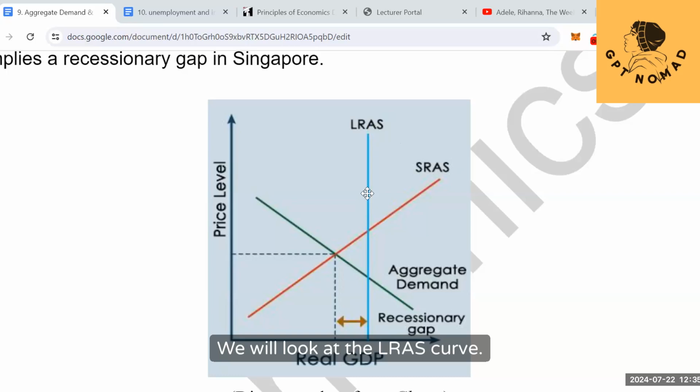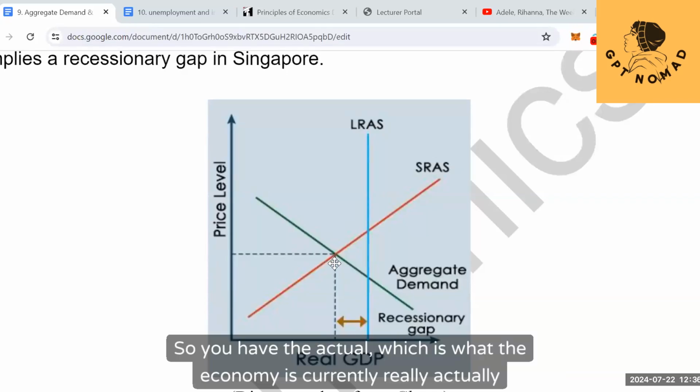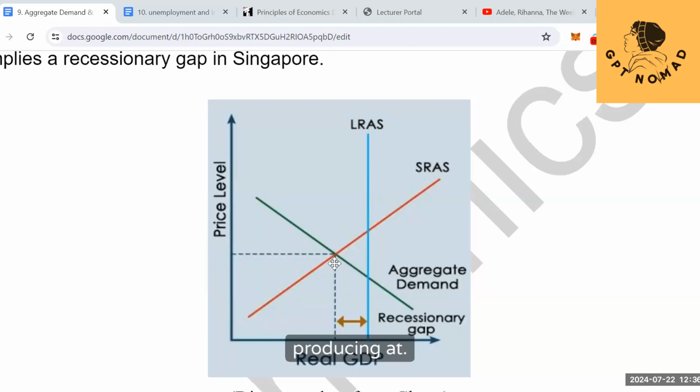We will look at the LRAS curve. LRAS alone will give us the benchmark. This is the potential output. And the intersection between SRAS and the AD curve will give us the actual output, which is what the economy is currently actually producing at.